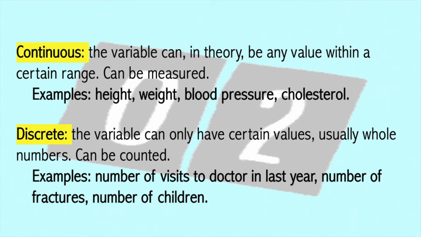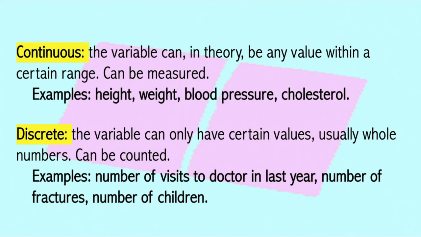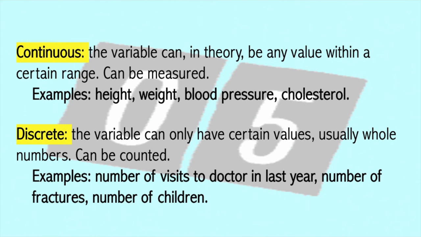For example, we have height, weight, blood pressure, and cholesterol. Discrete data, however, are variables that can only have certain values, usually whole numbers, and they can be counted. Examples are the number of visits to the doctor in the last year, number of fractures, and number of children.